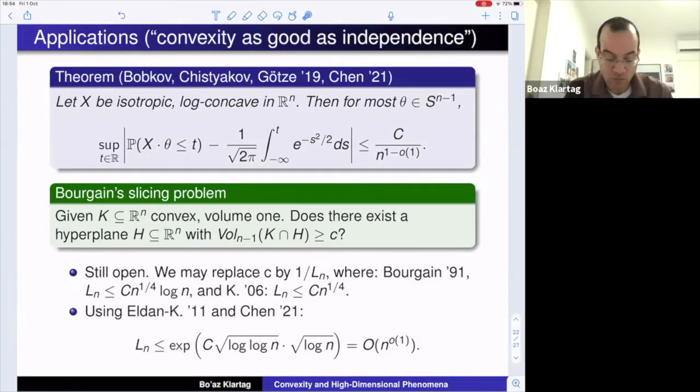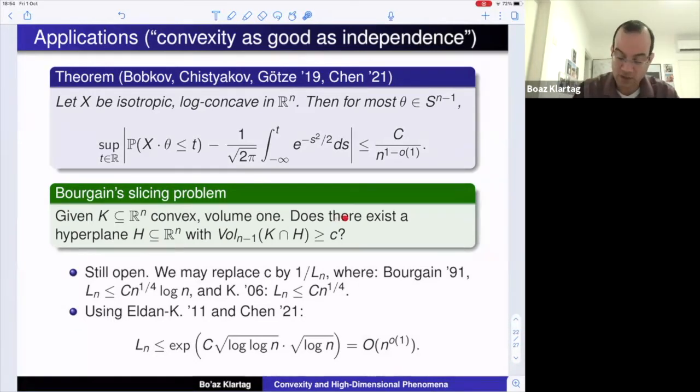This is the following simple question. You're given a convex body K of volume 1. Does there exist at least one hyperplane H such that the volume of the intersection of K with H is at least a universal constant, say at least 1 over 1,000? I told you so many things, like that the ratio is at most square root of 6, that you could imagine this should be much simpler than what you already proved. But no, this is still open.